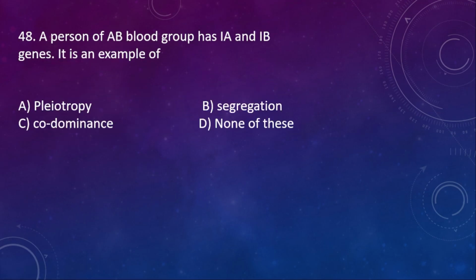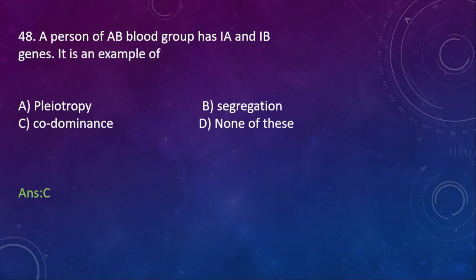48. A person of AB blood group has IA and IB genes. It is an example of option A, pleiotropy, B, segregation, C, codominance, and then D, none of these. So here the right option is option C, codominance.